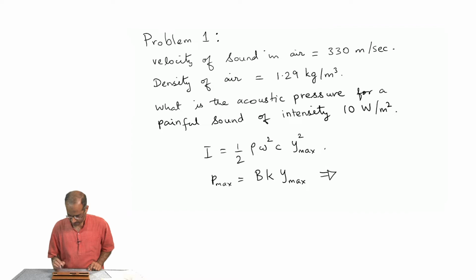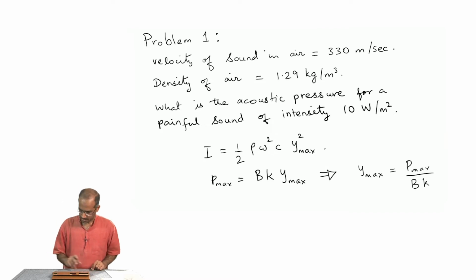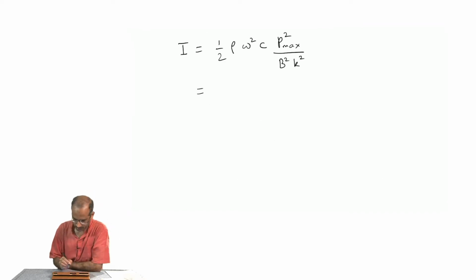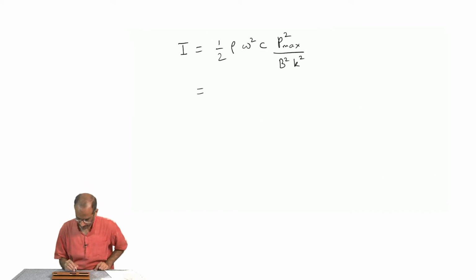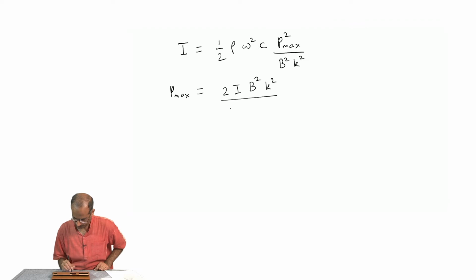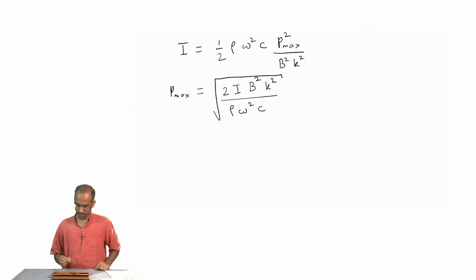So, this for example will give me that y max is equal to P max divided by B, the bulk modulus, and K. So, if I substitute this in this equation, I will get the following, and from this relation I can extract what is P max. So, that would be 2 I into B square K square divided by rho omega square C, and of course, I need to take a whole square root here.